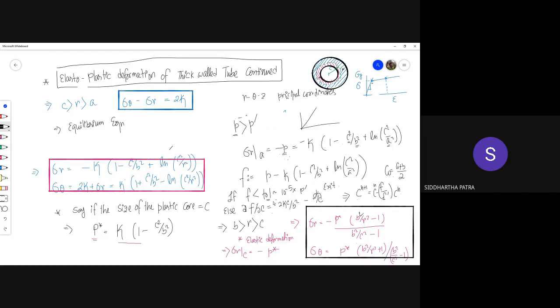So when today I give you an assignment, I'll try to give it in a way that you get to do both. So far we have only been trying to do this: having the size of the core, whether elastic or plastic, and then trying to get the required torque, required point force, or required pressure.